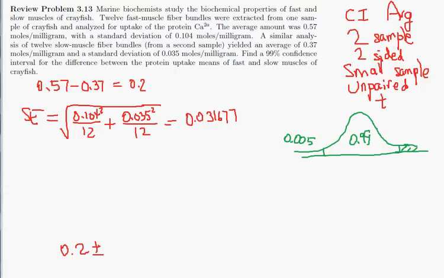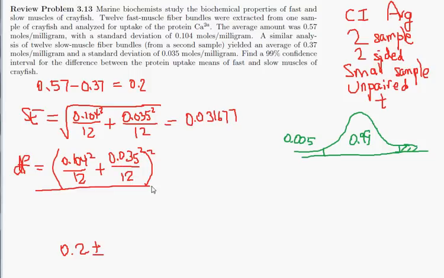Now before doing that, of course, we need the number of degrees of freedom. So for the degrees of freedom, we have the complicated formula: 0.104 squared over 12 plus 0.035 squared over 12, whole thing squared, all over 1 over 11 times 0.104 squared over 12 squared, plus 1 over 12 minus 1 times 0.035 squared divided by 12, whole thing squared.